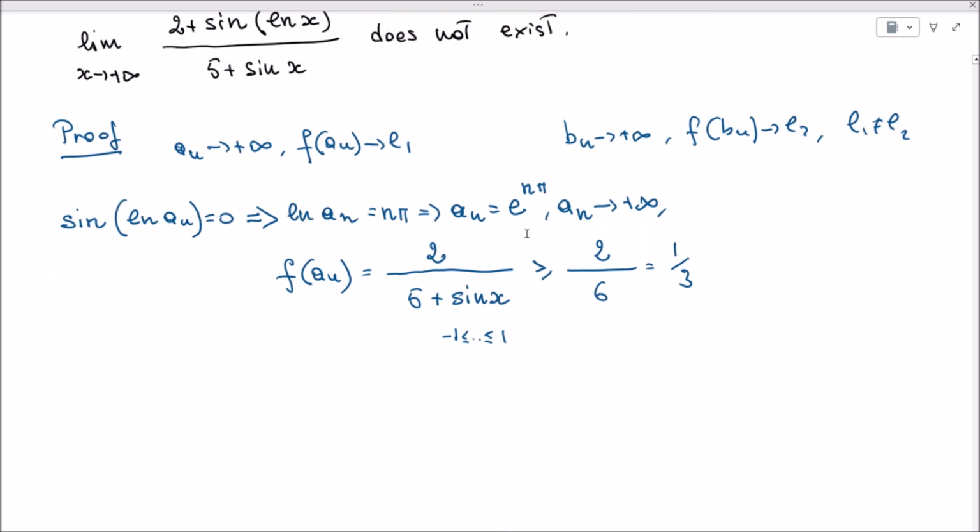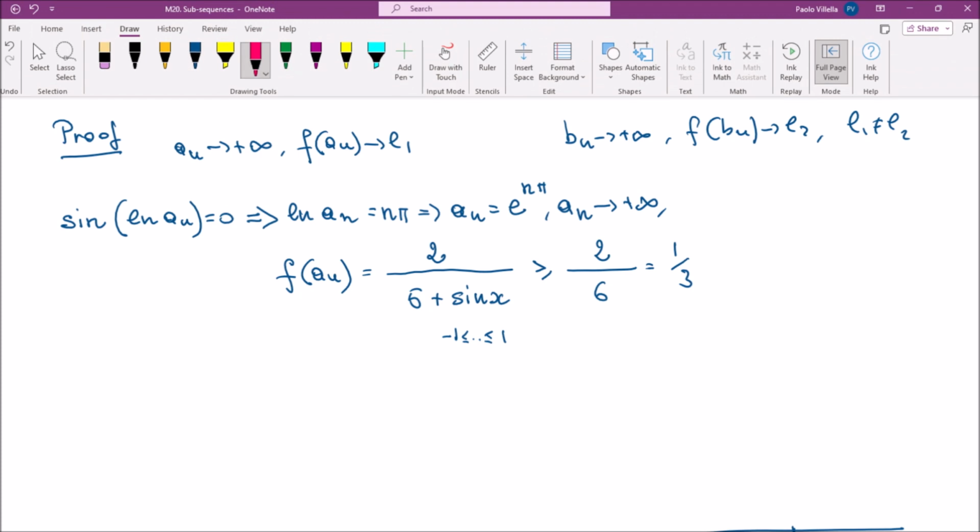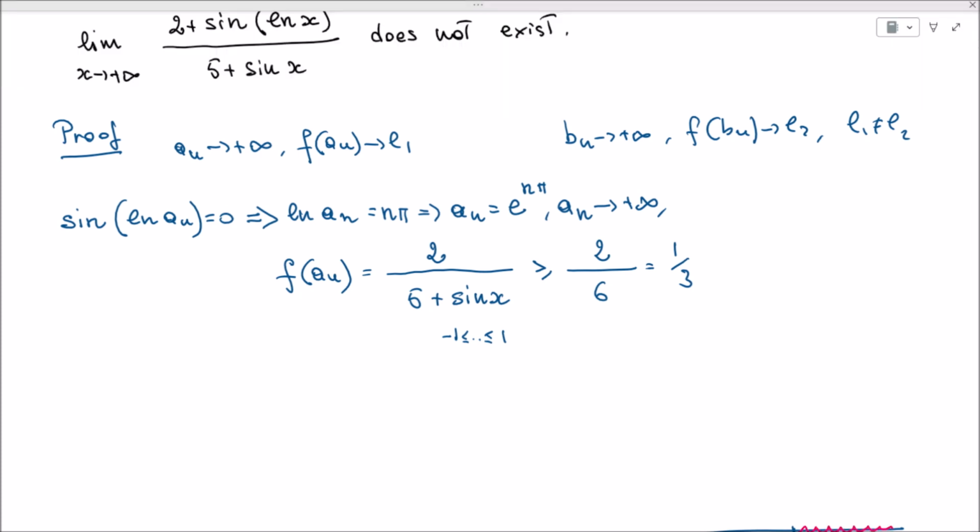So this is to say that if we represent on a line 1/3, well, what we can say is that f of an will be certainly always in this part of the real line.